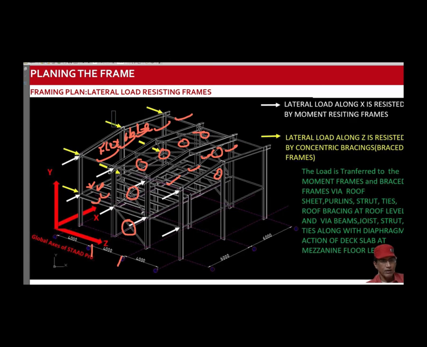Stiffness doesn't play any role in the movement, but in a semi-rigid diaphragm, the stiffness has a role: how much the slab will move along a direction. So this semi-rigid diaphragm provided with the metal deck concrete shall provide a load path to the moment frame along x direction.